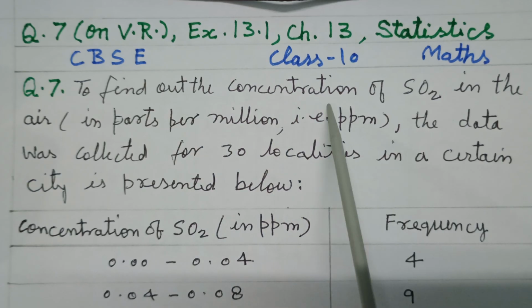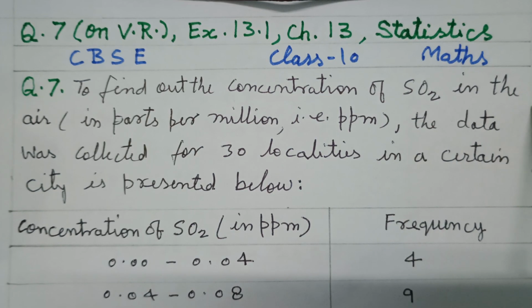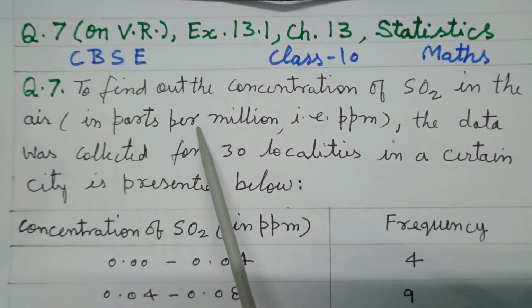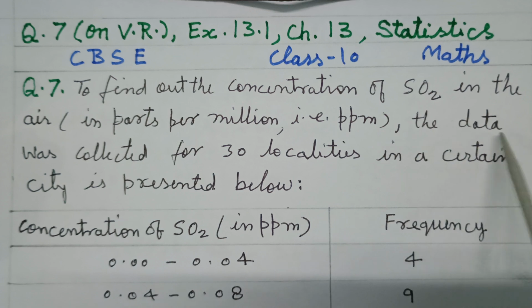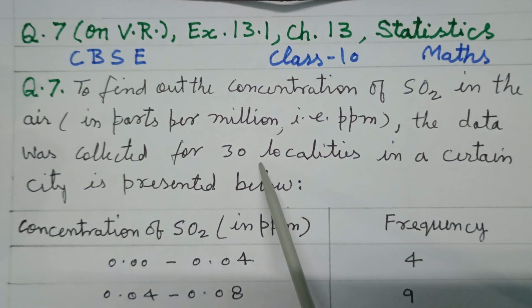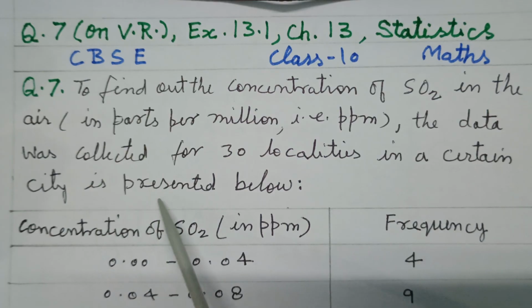To find out the concentration of SO2, sulfur dioxide, in the air in parts per million, that is ppm, the data was collected for 30 localities in a certain city and is presented below.